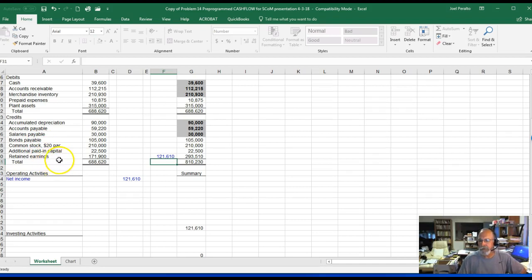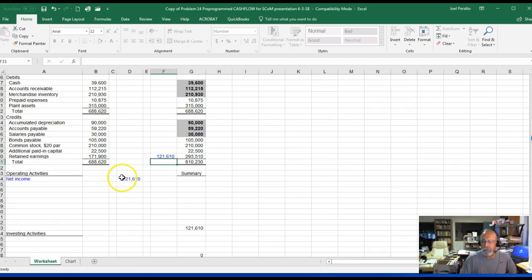When we close our accounts for a corporation, we close revenues with a debit and we credit retained earnings. Then we close expenses with a credit and we debit retained earnings. And the difference we credit and debit income summary.